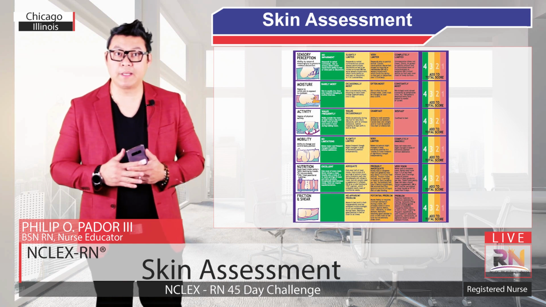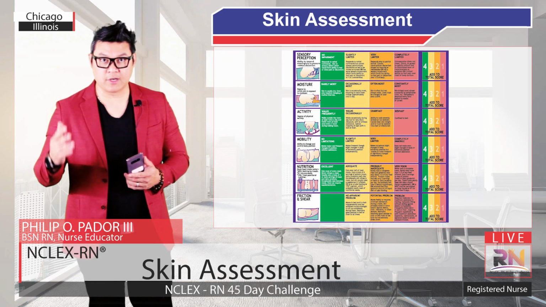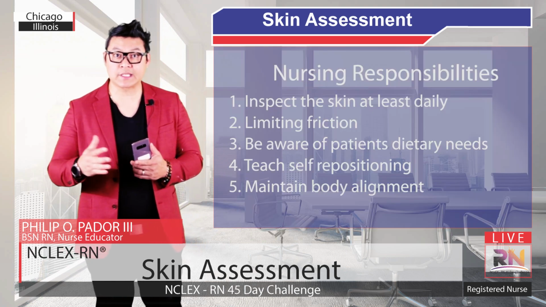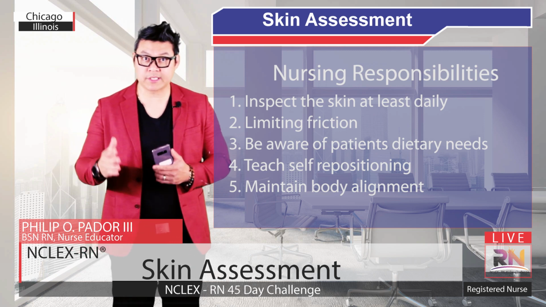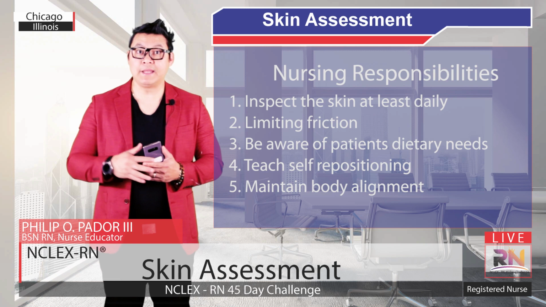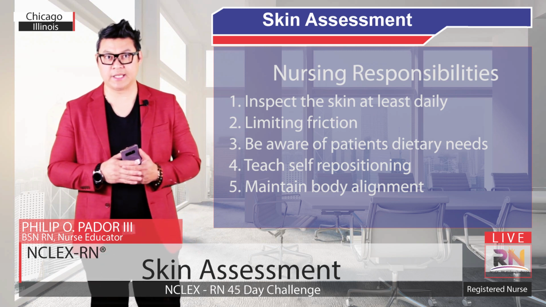The nurse's responsibility for assessing and preventing pressure ulcers includes the following. Inspect the skin at least daily, or more often if high risk, using a risk assessment tool such as the Braden scale. Bathe with mild soap and warm water, limiting friction. Use incontinence skin cleansing methods as needed.